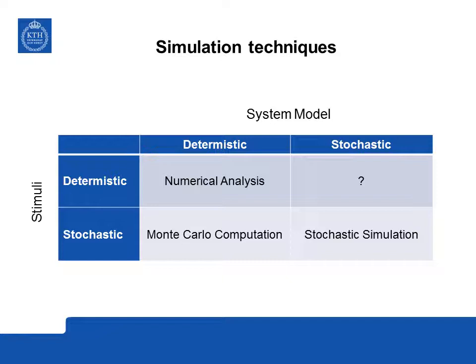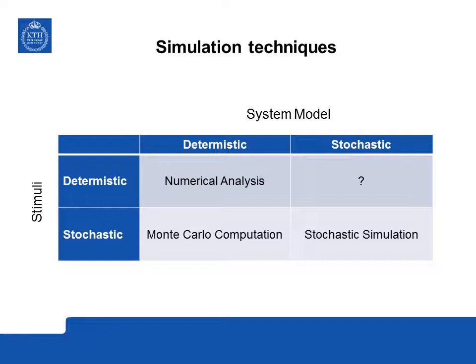If the system model is deterministic and we input stochastic input, we talk about Monte Carlo computation. It's still a numerical analysis; there's nothing random or stochastic about the model itself. It's just a way to efficiently compute certain results in this deterministic model.